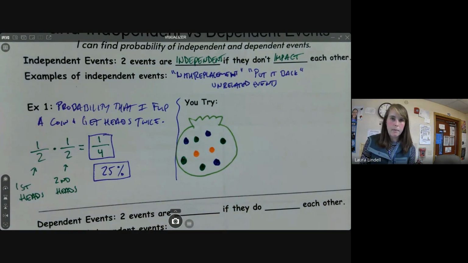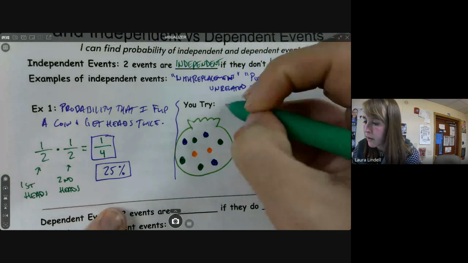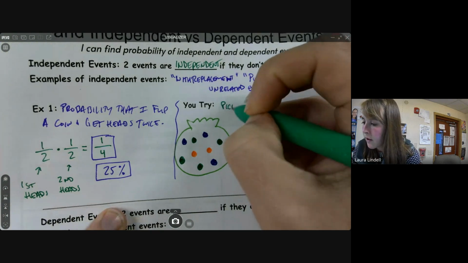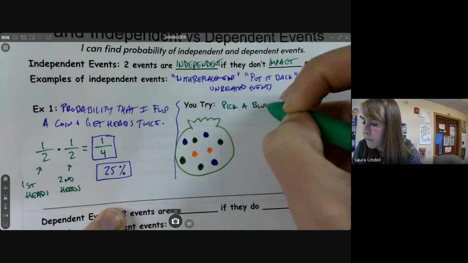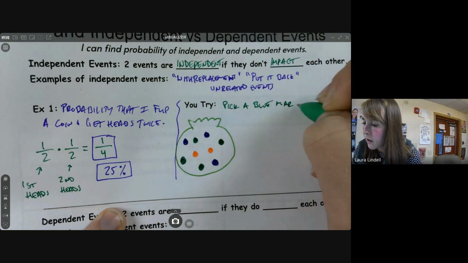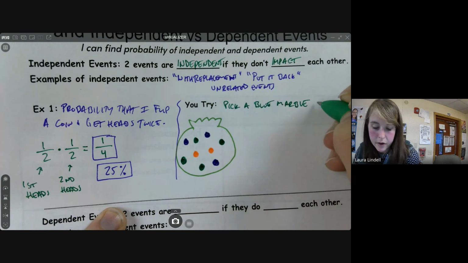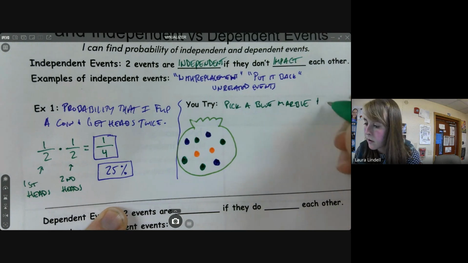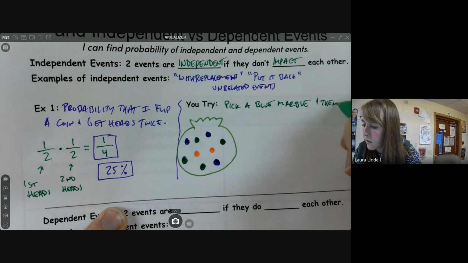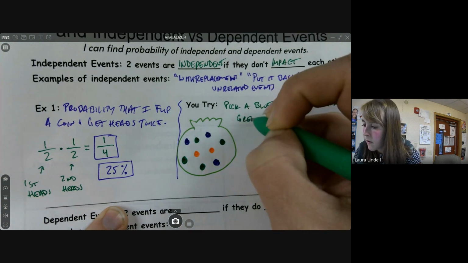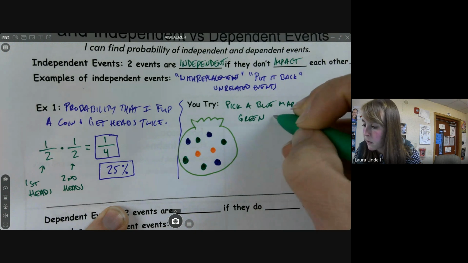And we want the probability that I pick a blue marble and then a green one. With replacement.